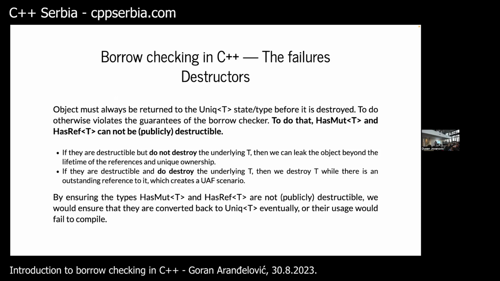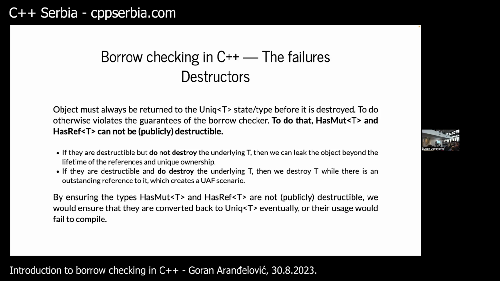And what about destructors? When you try to transit to some state, let's say that you create a mutable reference, or you create an immutable reference. The problem is that when you consume them, they need to be transferred back to the unique ownership.